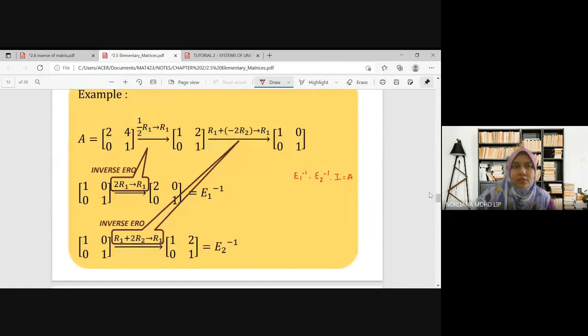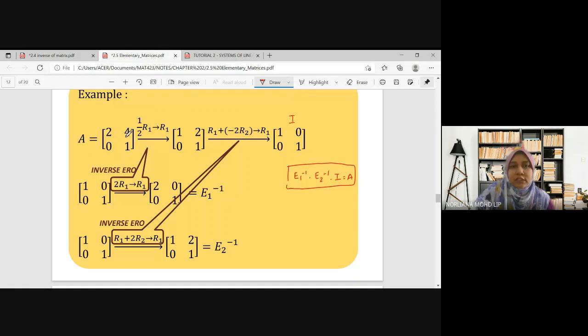Daripada sini, given the matrix A 2, 4, 0, 1, you have to transform into identity matrix. Nak proofkan teorem yang ni.